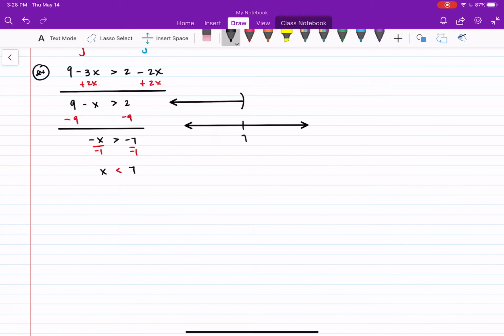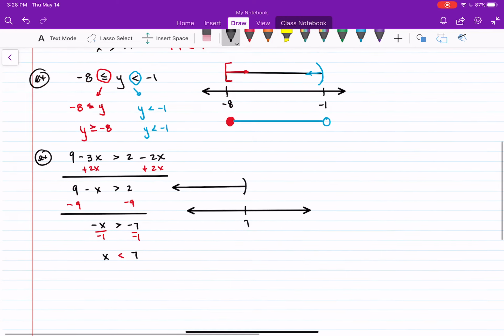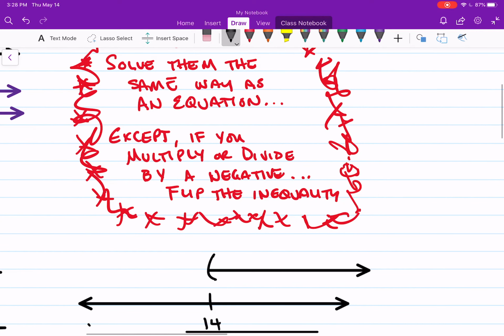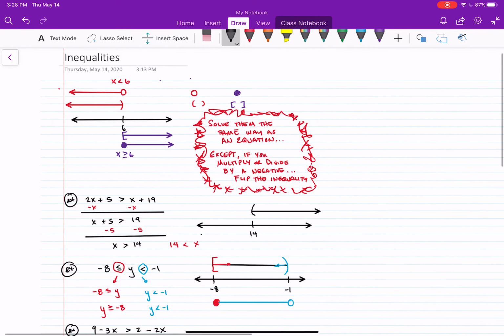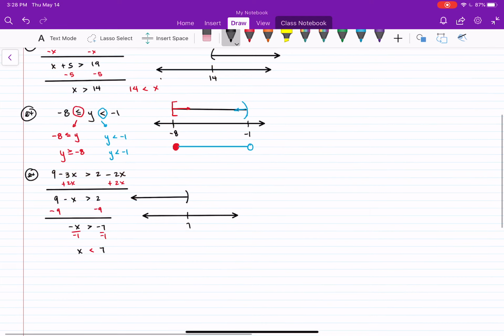Alrighty. Let me see what else is there. I think with the knowledge of solving equations and knowing that you have to flip the inequality when you multiply or divide by a negative, I think you're ready to go. So if you have any questions, let me know.